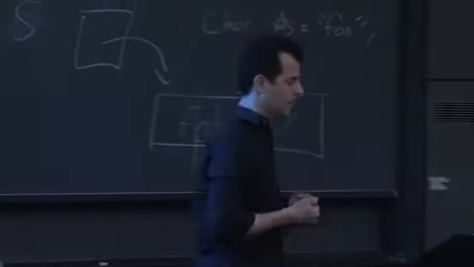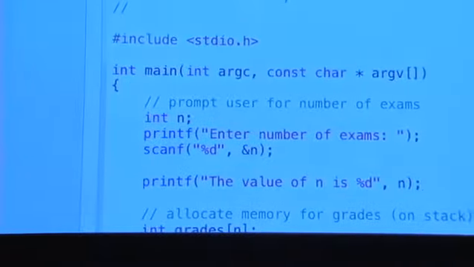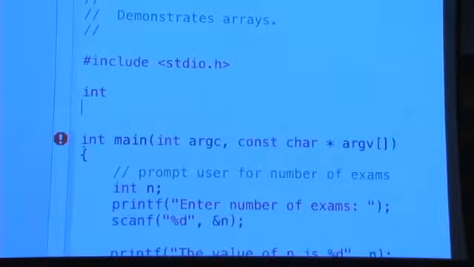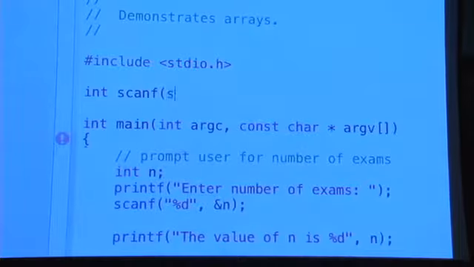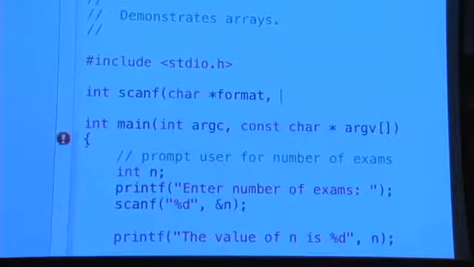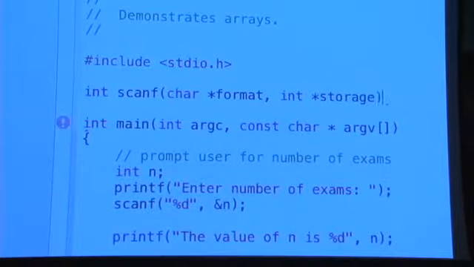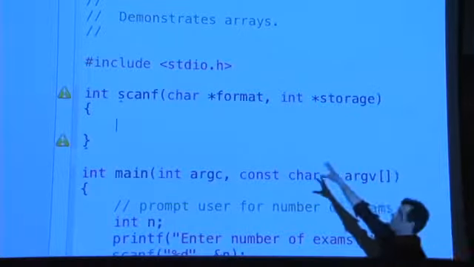And is there a difference between the ampersand and the star? Yes. So ampersand is literally address of. Wherever n is, that will figure out what its address is. By contrast, if I were the guy implementing scanf, it's going to take a string for its format string, and then it's going to take an int. This is a bit of an oversimplification for scanf, but this will do the trick. So if I am the guy who invented C and implemented scanf, it's going to take a string, which is the format string.